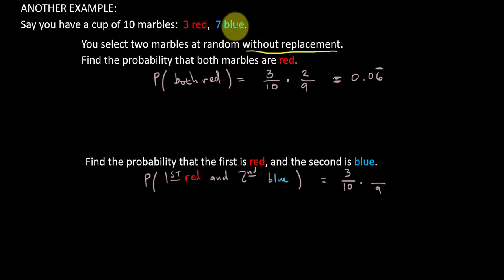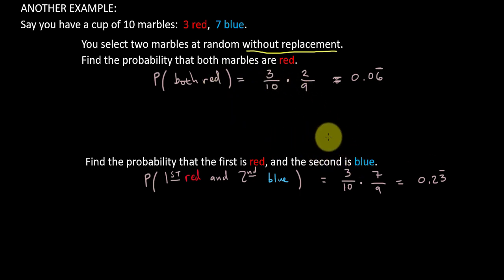The blue marbles hadn't been touched yet, so there should still be 7 marbles there, which is 0.2333333333333. Awesome. So hopefully you can see why this is some form of conditional or dependent probability.